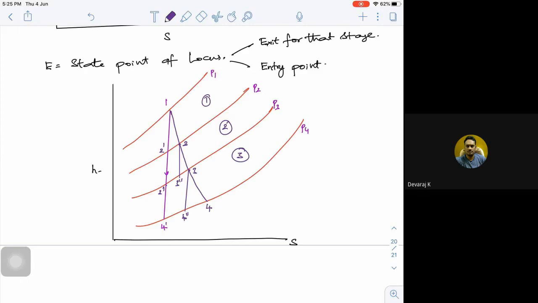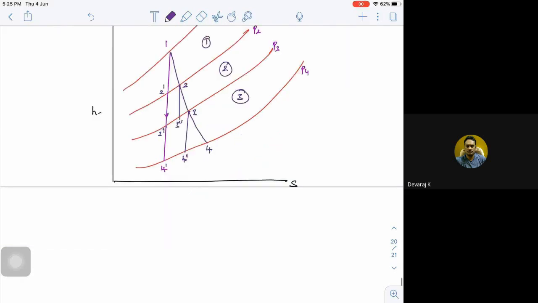Now, if I look at each stage expansion and take the stage efficiency of the first one, this will be H1 minus H2 divided by H1 minus H2 dash.